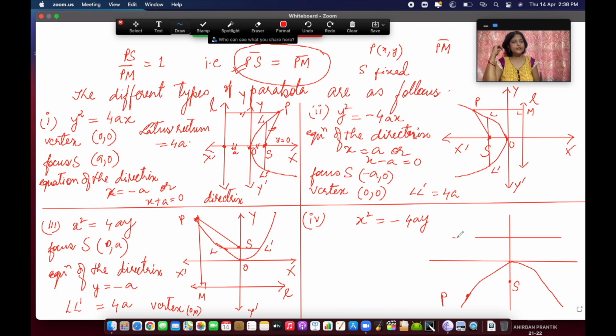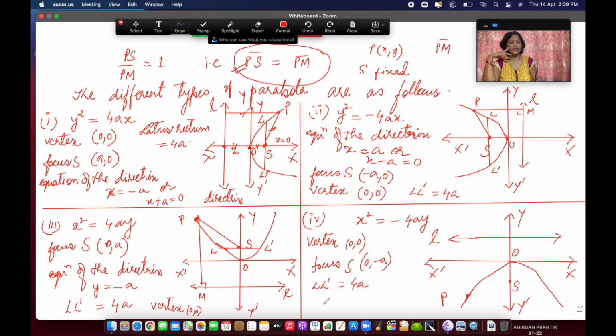So this line is small l, this is the y-axis, this is the origin, this is the x-axis, right? So here also the vertex is (0, 0), focus S you can see on the negative y-axis, so (0, -a), and latus rectum L dash has to be 4a.